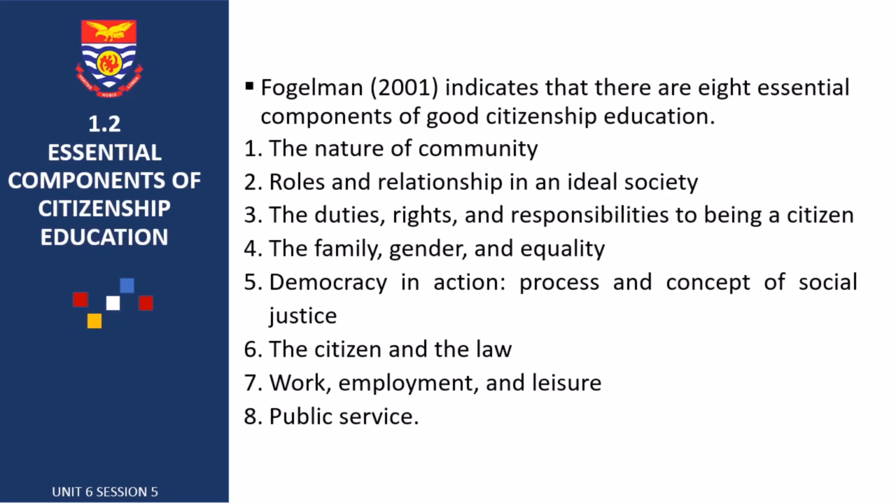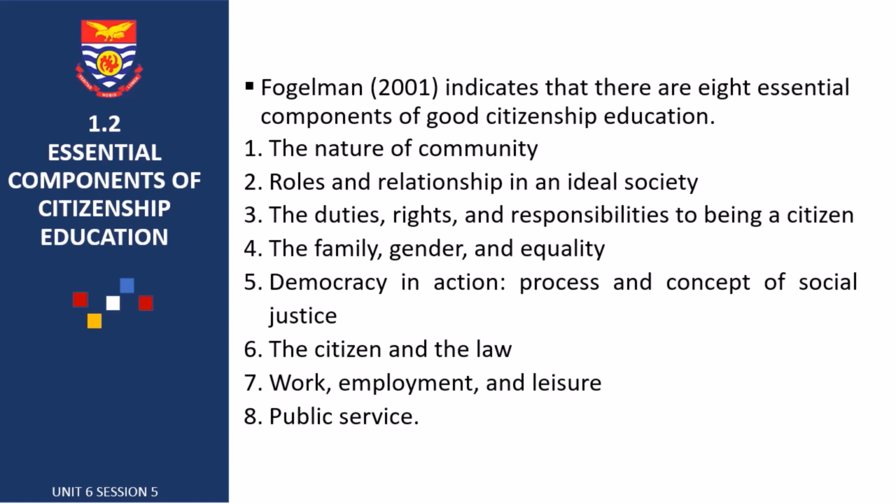However, on the part of Forgeman, 2001, he outlined a number of essential components. These components are about 8. The first one is the nature of community to be part of the citizenship education. The community the learners reside, what is their nature, and 2, roles and relationship in ideal society.